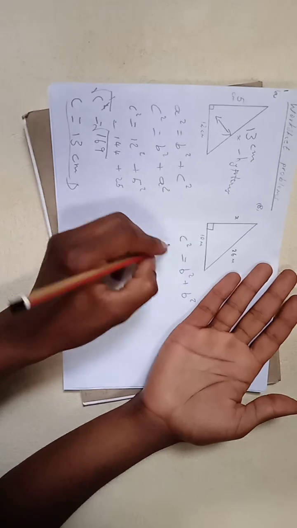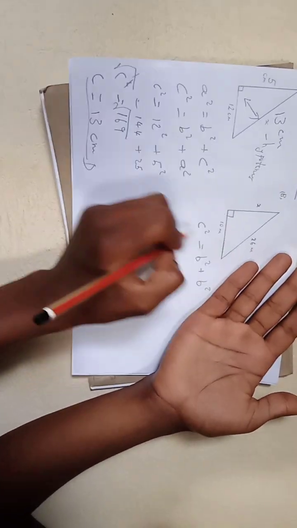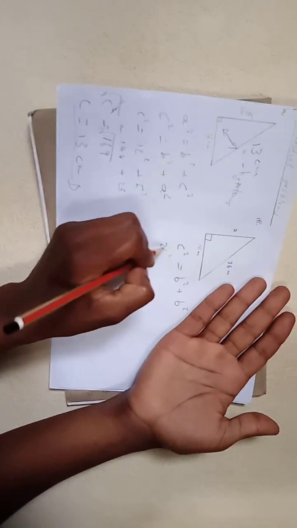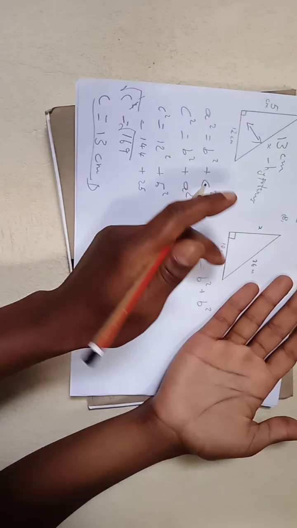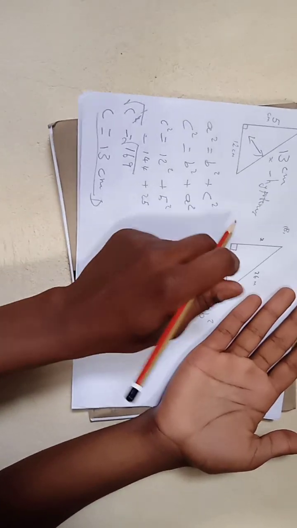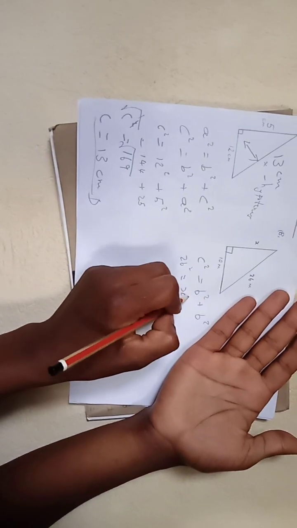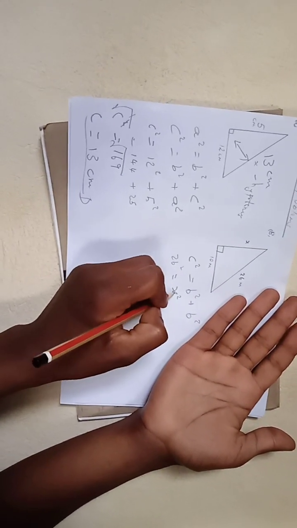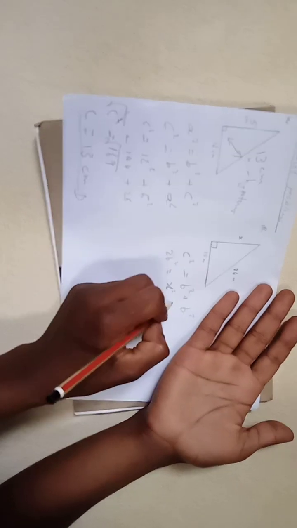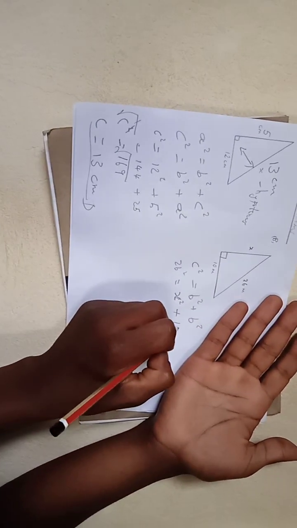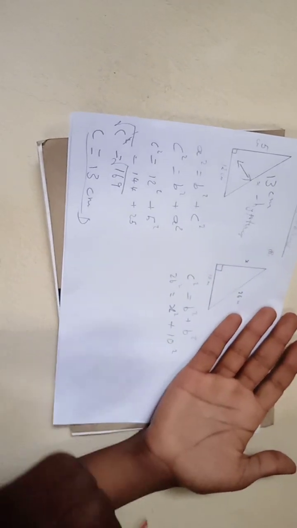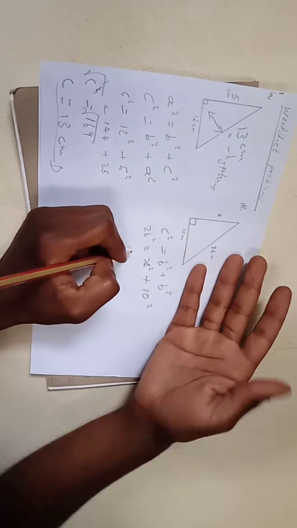Okay, now we have to substitute. We have 26 squared equal to, you can decide which side you call B on both of these sides. I'm just going to decide this is our B, X, the missing side: X squared plus 10 squared.